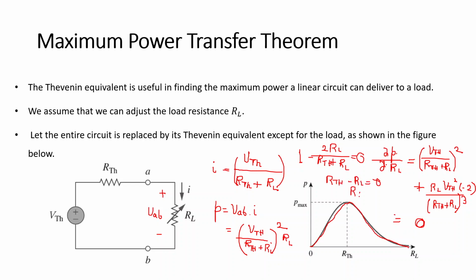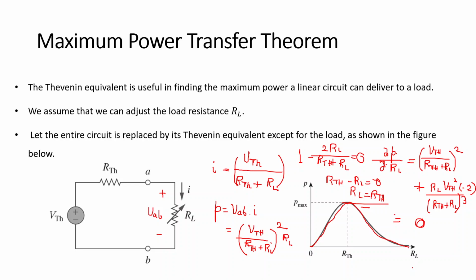So RL will be RTH under maximum power transfer. So the maximum power transfer occurs when the load resistance equals RTH. This is the maximum power transfer theorem. It states that if the load resistance is equal to the Thevenin resistance of the circuit, the maximum power will be transferred to the load.